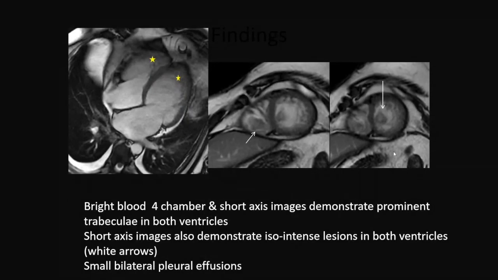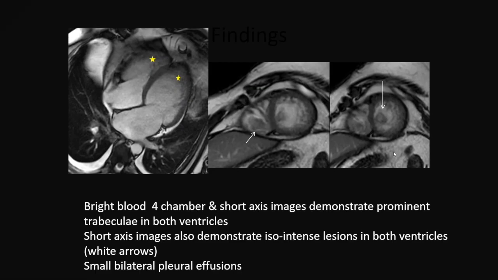Let's talk about that. These are the four chamber and short axis views of the same patient, and we have not just one but two lesions. The RV is typically tough to see with echocardiography, and that's why sometimes they are unable to identify lesions in the RV.